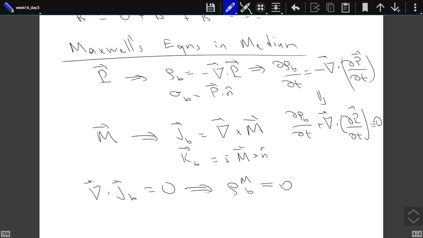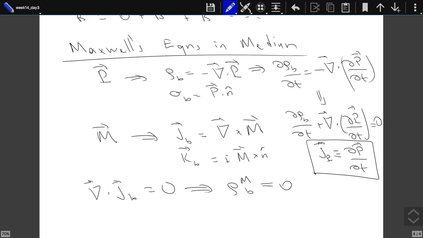So as the displacement is changing, the particles are moving here and there, so there's a current created. And since any charge density should be conserved, this is our current density corresponding to polarization. Let us just call it J_p. So this is the current density corresponding to polarization.